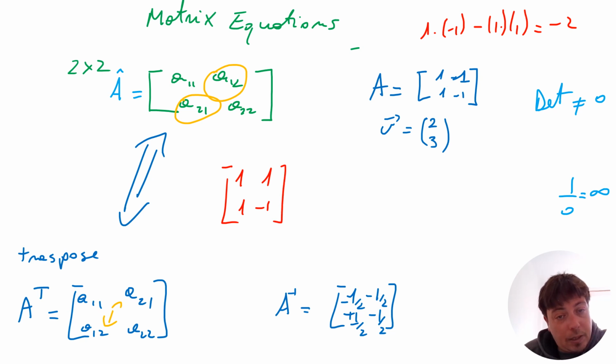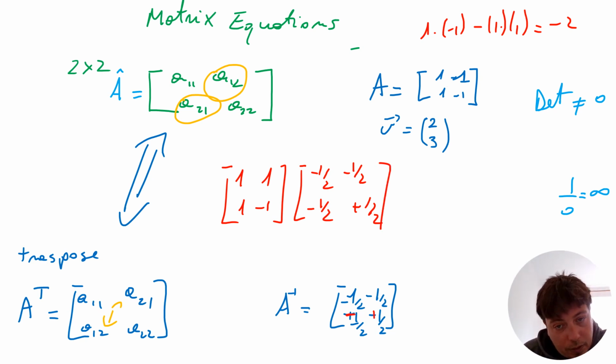This is our initial matrix. And then we multiply by minus 1 over 2, minus 1 over 2, plus 1 over 2, and then plus 1 over 2, because this is minus, minus, minus, and plus. Sorry. Let's see if it works.